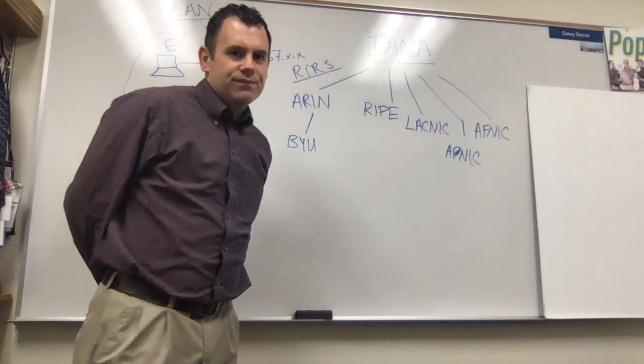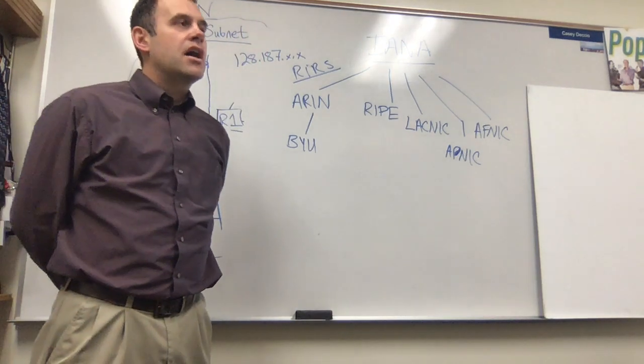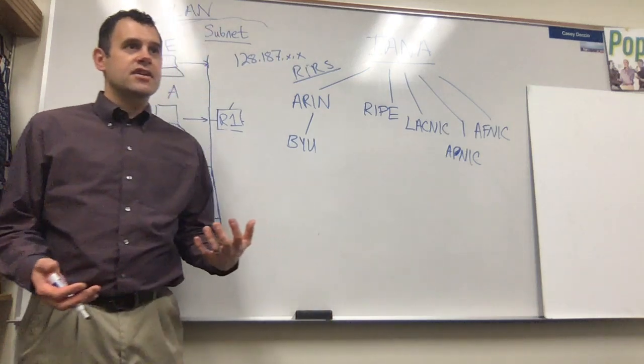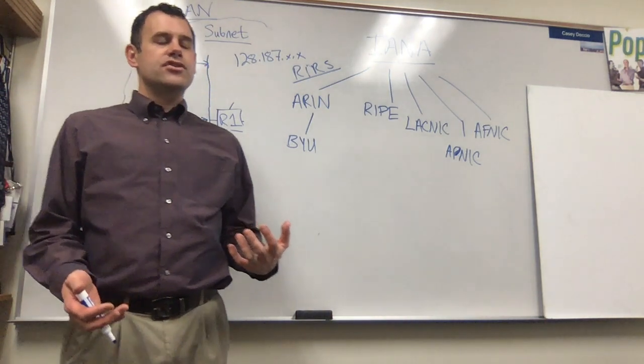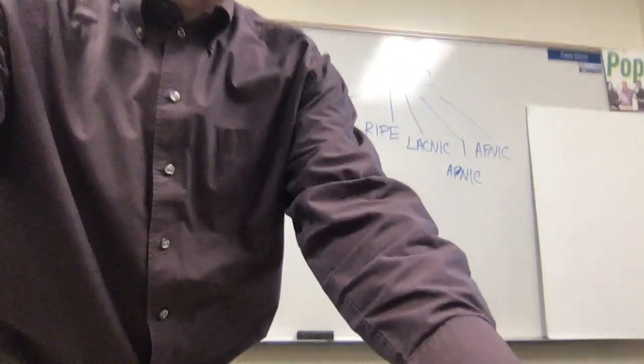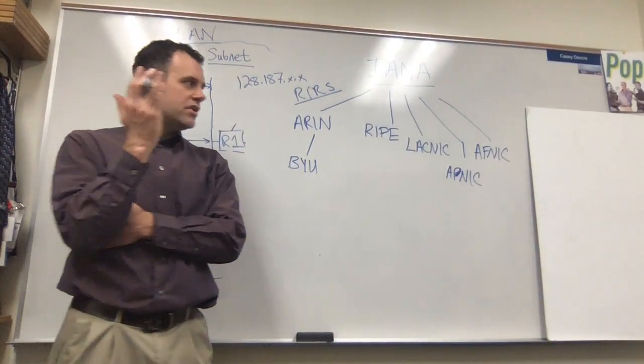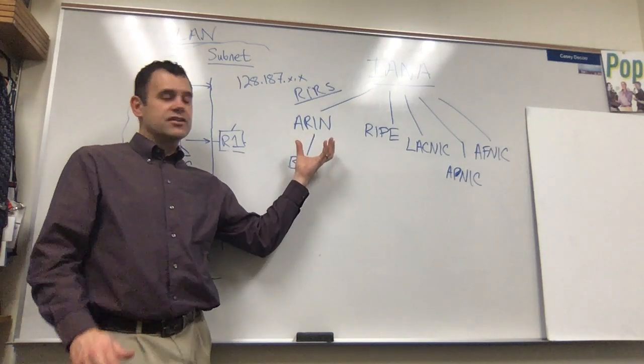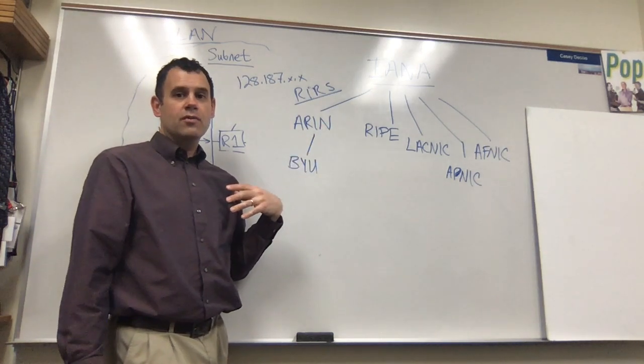Now here's the thing. We have 32 bits of address space, which means 2 to the 32 possible addresses, or roughly 4 billion. Well, what happened was all of those have effectively been given out already.